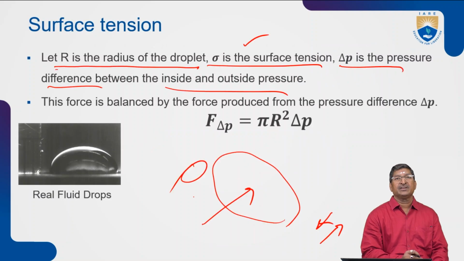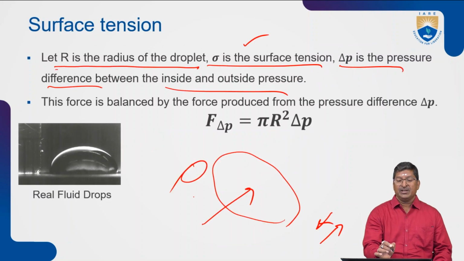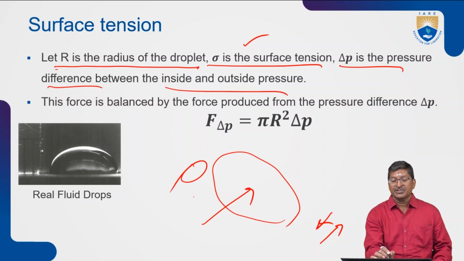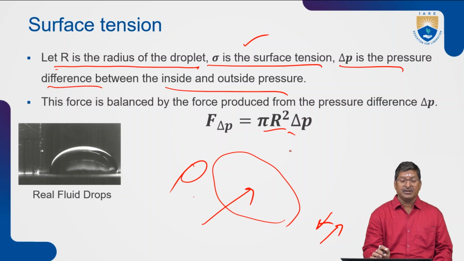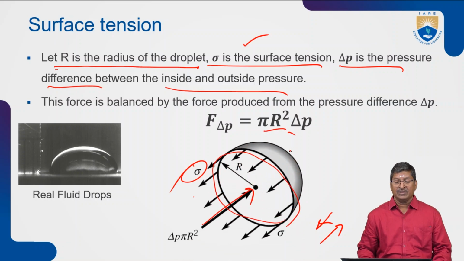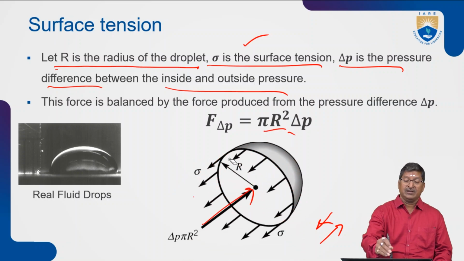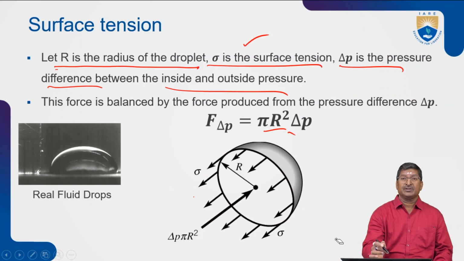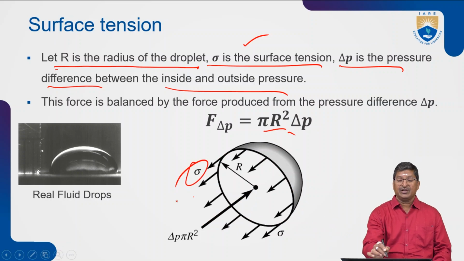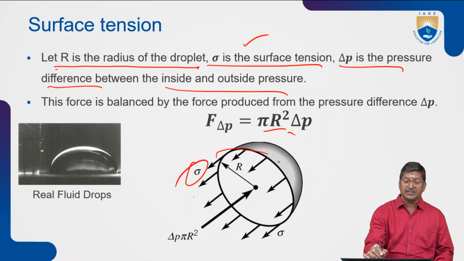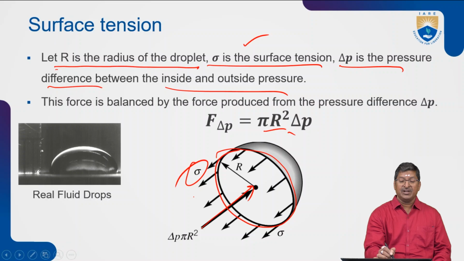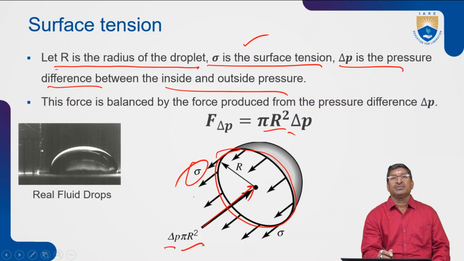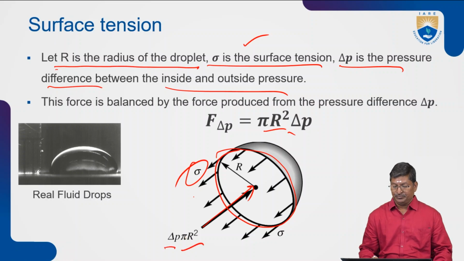The formula for this: the force is balanced by the pressure difference, F equals delta P into pi r square. So here you can see sigma is there, the surface tension, acting at the top surface of the droplet, whereas inside pressure is pi r square into delta P. So inside pressure and external pressure.